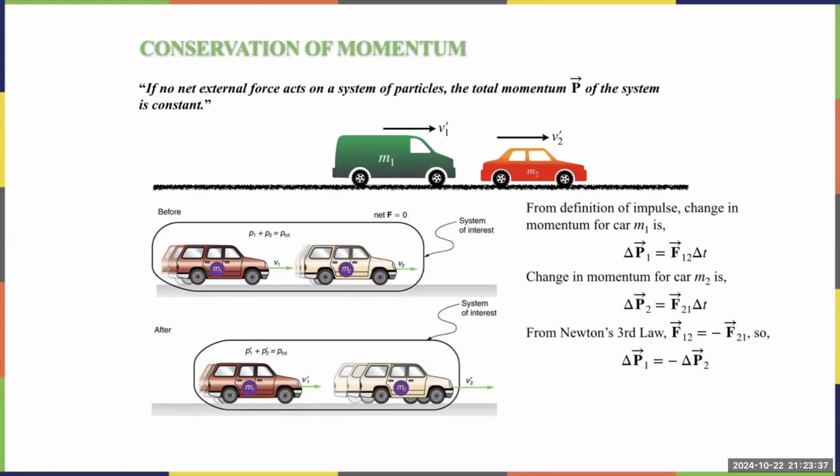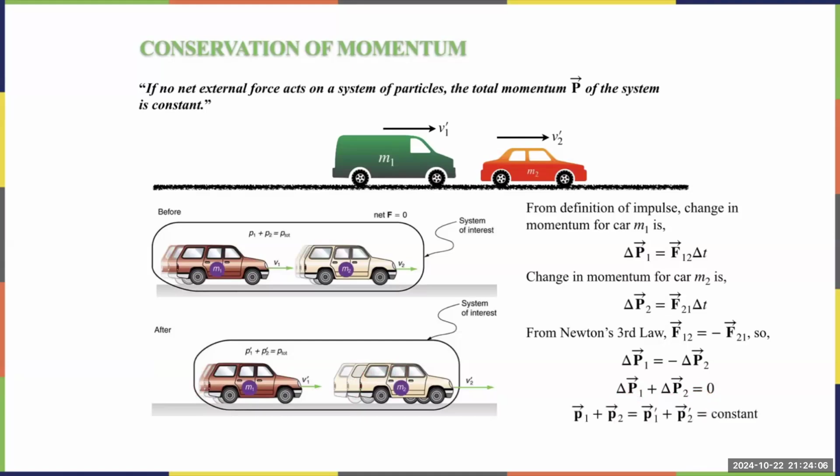So that's what this means. Like in Newton's third law of motion, the forces are equal and opposite, here the changes in momentum are equal and opposite within the two object system, right? So the change in momentum of the first one plus the change in momentum of the second one is equal to 0, right? The sum of the changes of momentum of the first car and the second car is equal to 0.